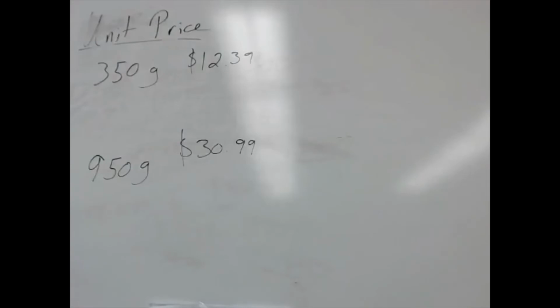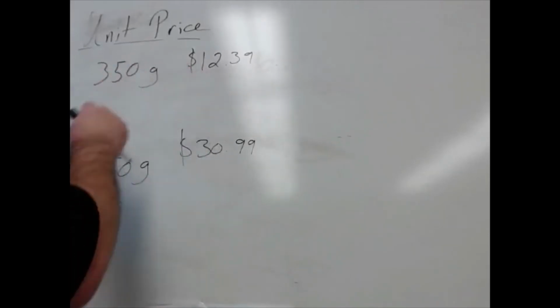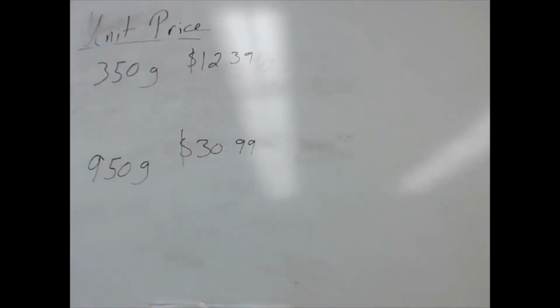In an instance like this, a lot of times these numbers are so big in comparison, because 350 is much bigger than 12, that when you divide them, you get a really tiny number.